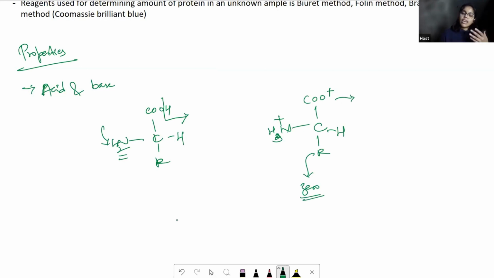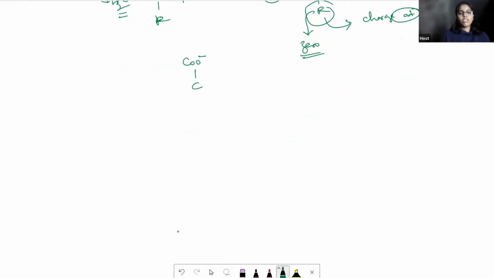But the side chains of the amino acids can vary and it can change the charge of the amino acid at the physiological pH. That is also possible. So since it can give up H plus and it can take up H plus, let's see how it will behave in lower pH and higher pH.